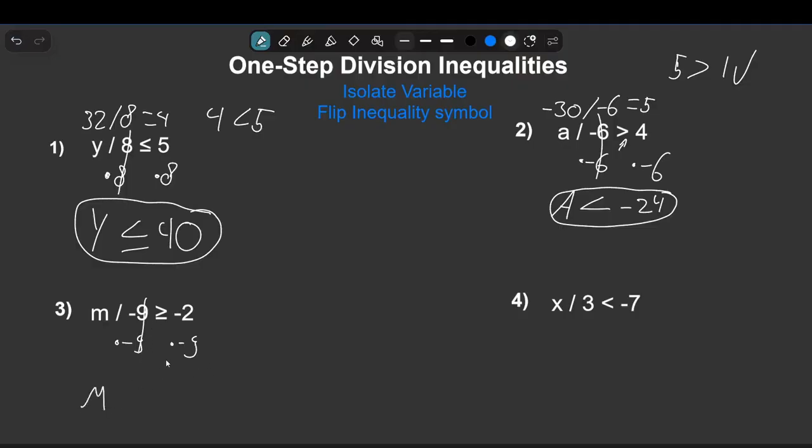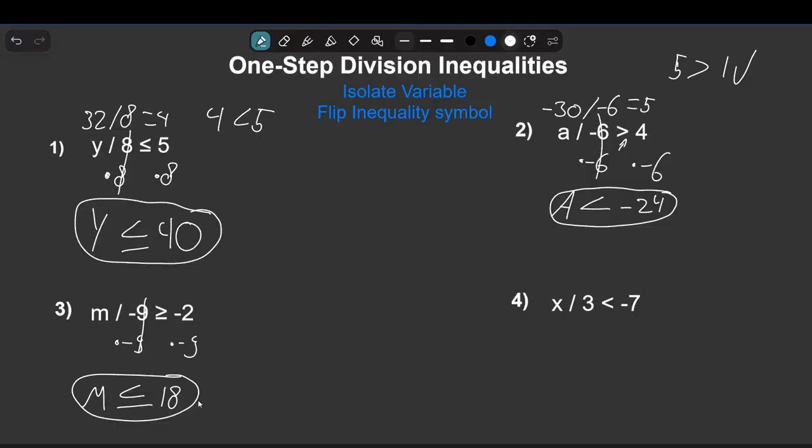Again, we multiplied both sides by a negative number, so we flip the inequality symbol to less than or equal to. So m is less than or equal to minus 2 times minus 9. Minus 2 times minus 9 equals 18. So our answer for our variable has to be less than or equal to 18.